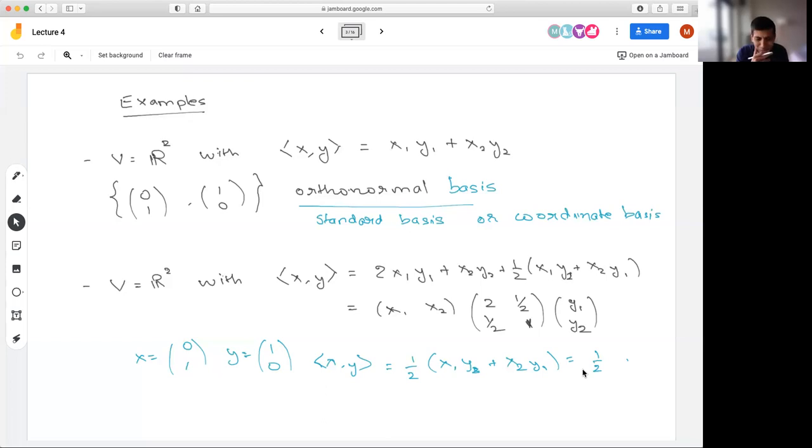Yes, there's still, in fact, I didn't even need to ask the question, in the sense that linear independence has nothing to do with inner products.